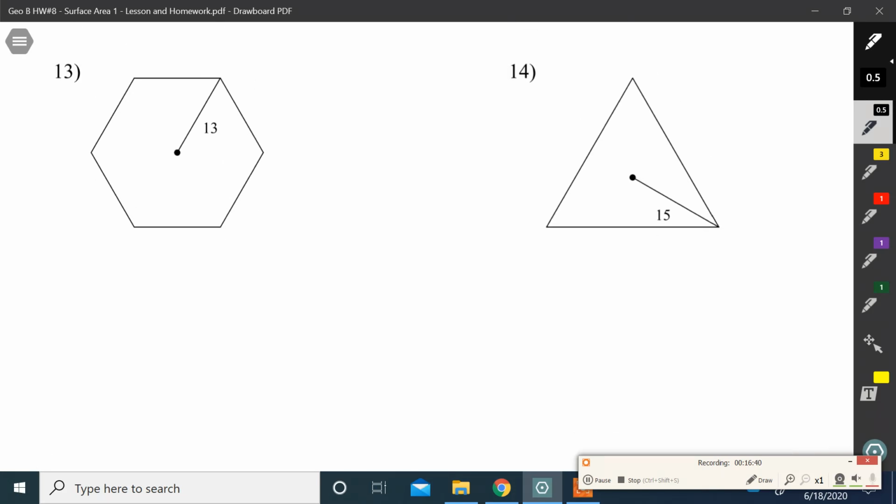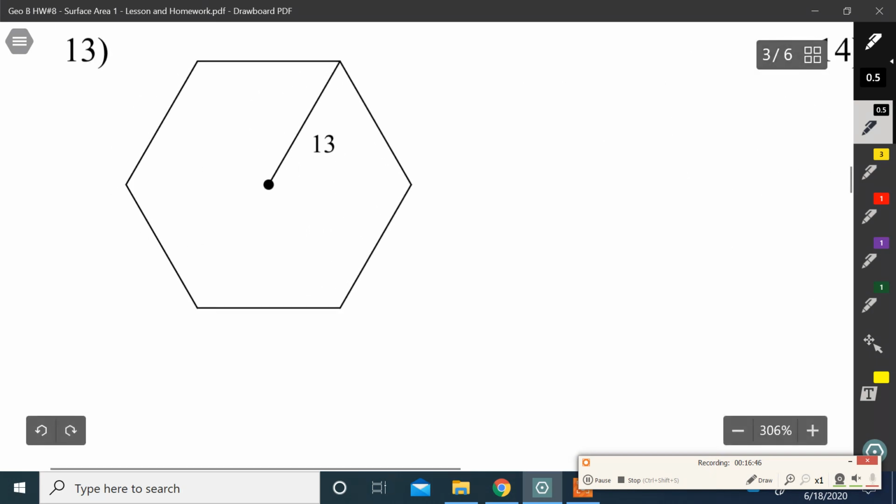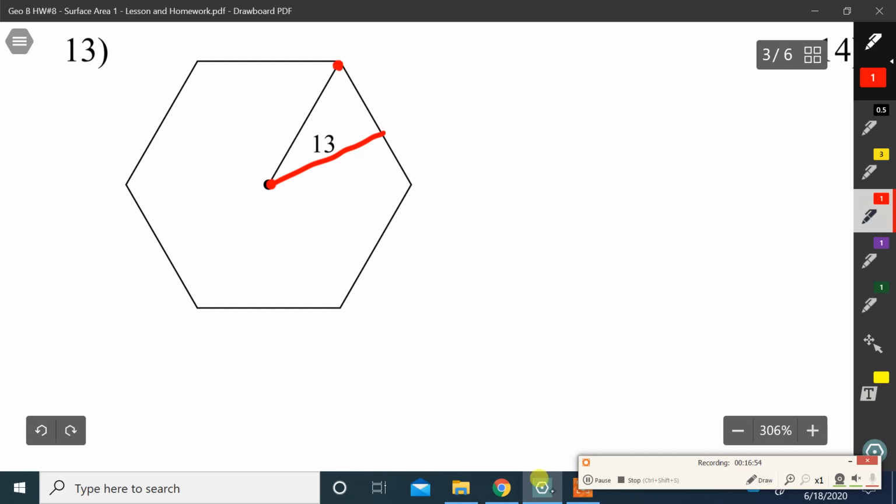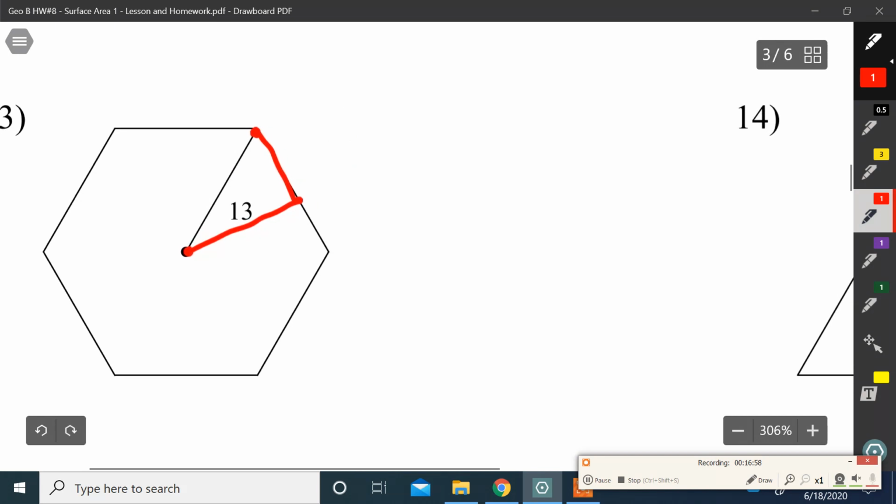So let's go over this one. On this one here, we need to figure out what the apothem is, and we need to figure out what this is right here as well. So we already mentioned that this right here is 60, and this right here is 30.